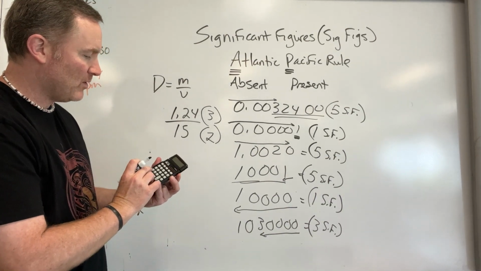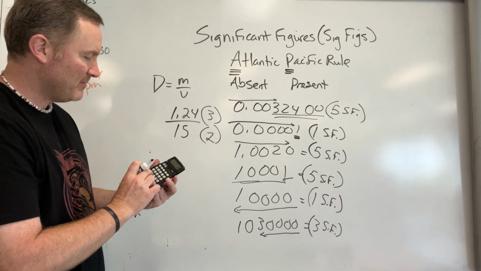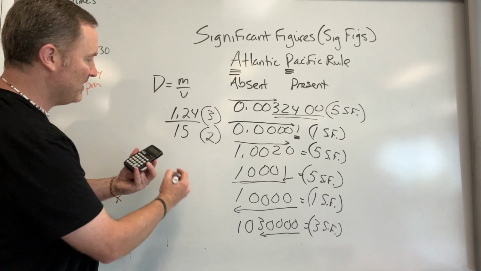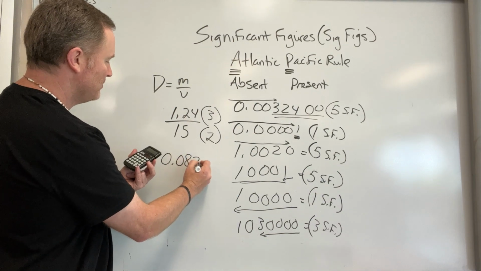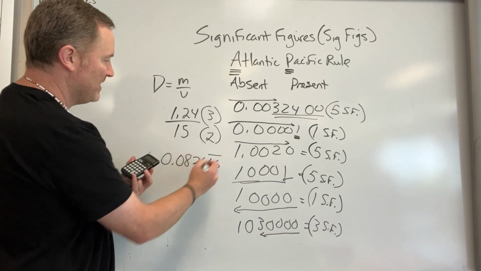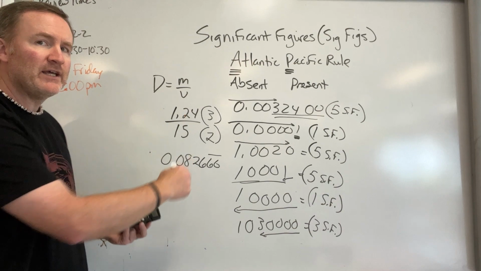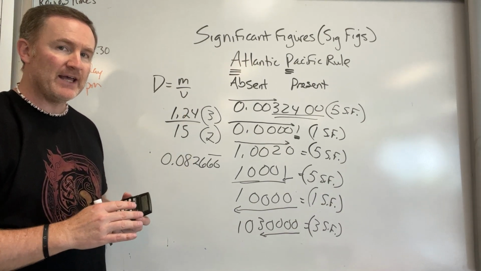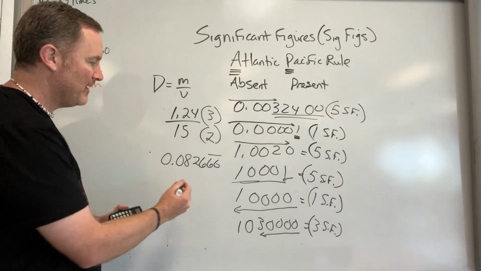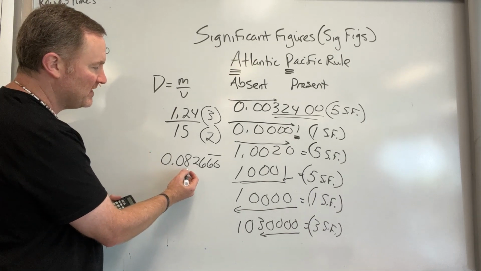If we take 1.24 divided by 15, we end up getting 0.082 and then 666 repeating. So I can only go with my lower numbered significant figure for my answer. When I want to put my answer, I have to look to two significant figures.